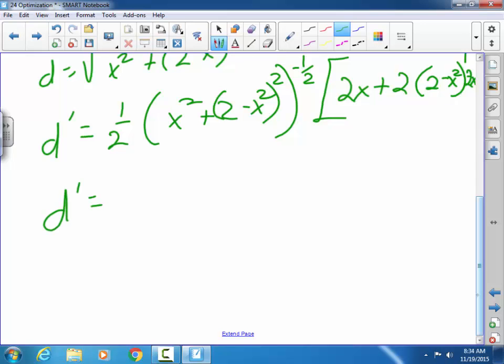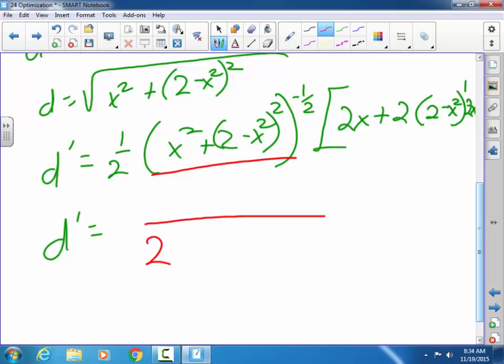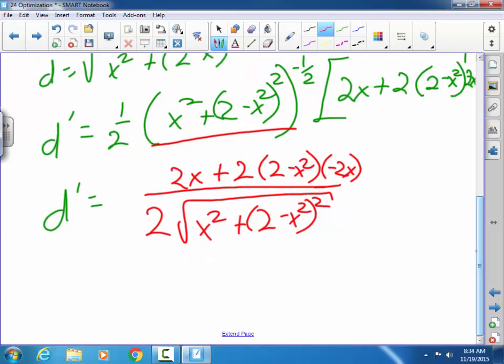D prime. Can everybody look at that and tell me it's going to be a fraction? Do you see that this term right here is going to be a square root that we can put in the denominator? So I'm going to put this 2 from the 1/2 in the denominator. I'm going to put this square root in the denominator. Okay. And the top, I've got 2x plus 2 times (2 minus x squared) times negative 2x. We can multiply some stuff through there, I think.